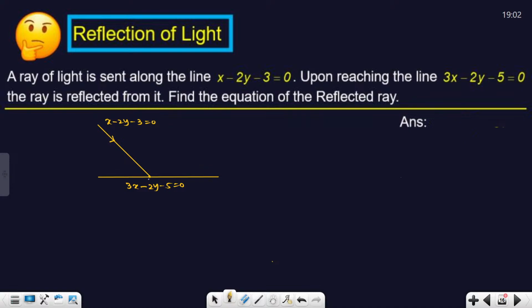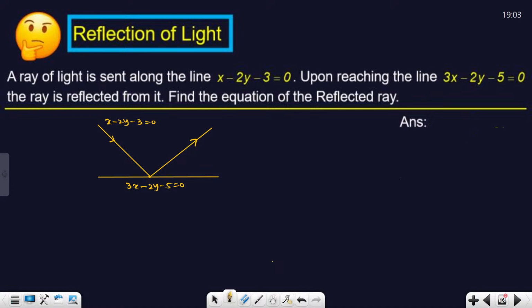Now, upon reaching this line, 3x minus 2y minus 5 equals 0, it gets reflected. Now, the question is, what is the equation of this reflected ray?